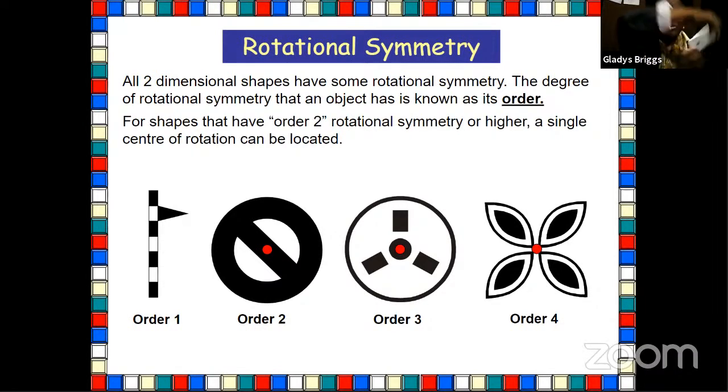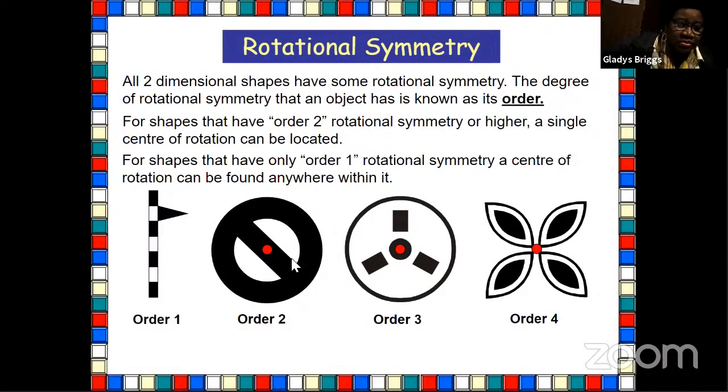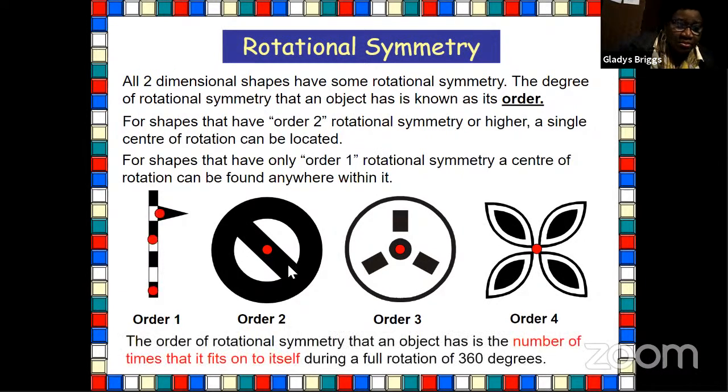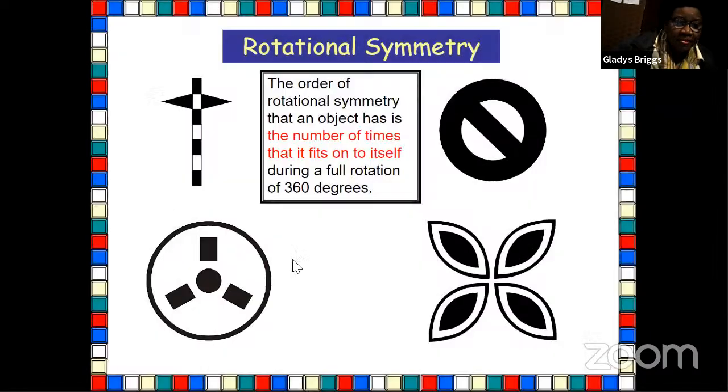But some of them, you have to do a full 360 degree turn before they come back onto themselves. The order of rotational symmetry that an object has is the number of times that it fits onto itself during a full rotation of 360 degrees.